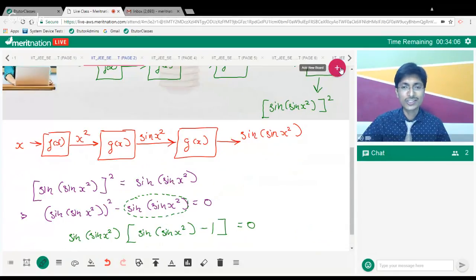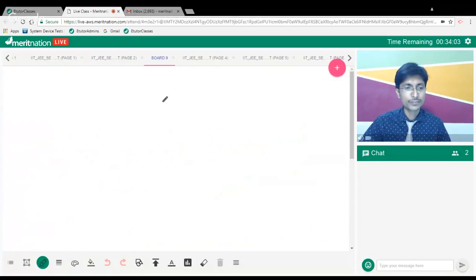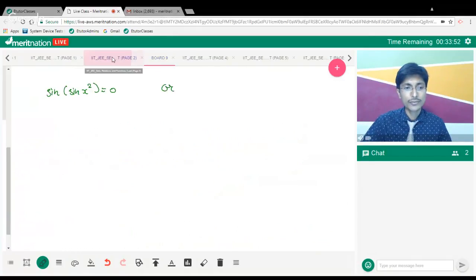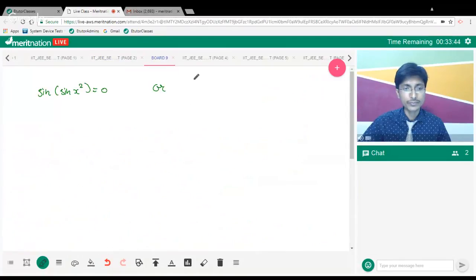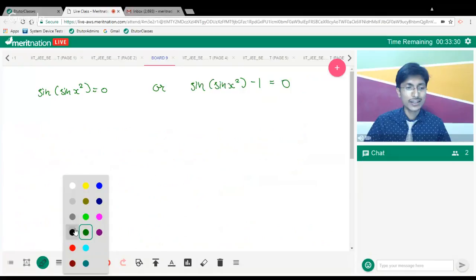So the first is sine of sine x square is 0, or we have sine of sine x square minus 1 equals to 0. So we'll try and solve both of them, and let's see if anyone gets eliminated or like that.